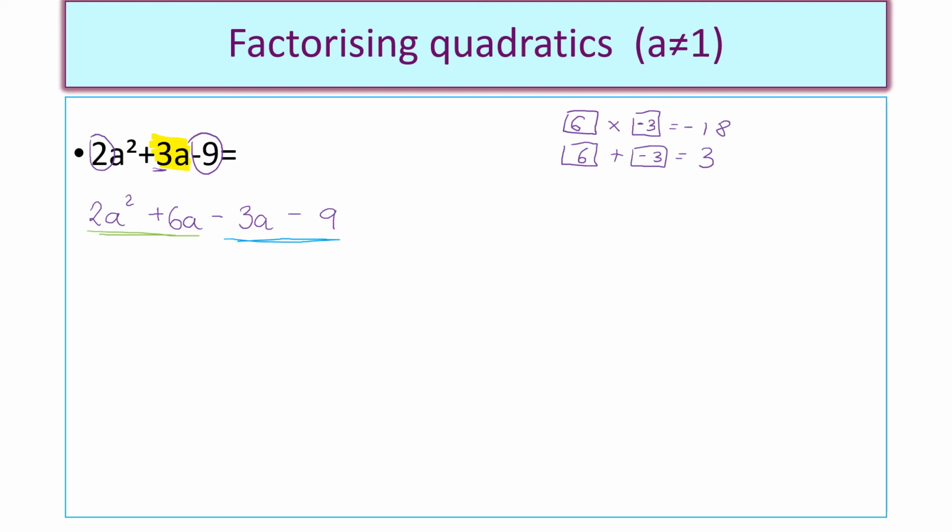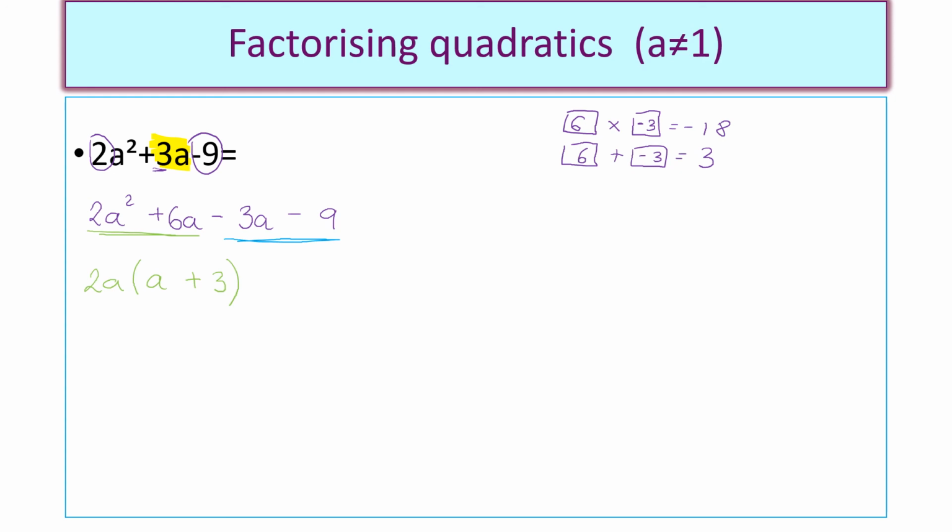Remember that what you want to achieve is the same bracket. So the highest common factor for the first part is 2a, and then a plus 3, because 2a times a gives me 2a squared, and 2a times 3 gives me 6a.